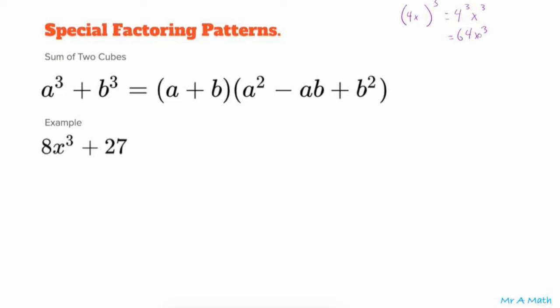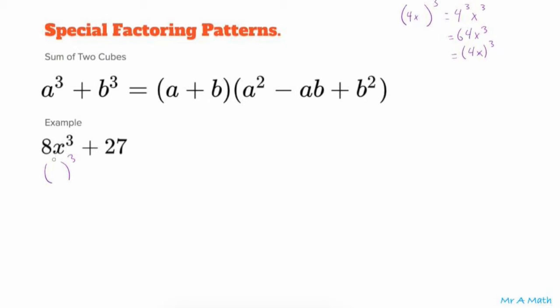This is considered a perfect cube because 64x to the third can be rewritten as some variables raised to the third power. So 8x cubed is a perfect cube because some number raised to the third power is equal to 8x cubed.